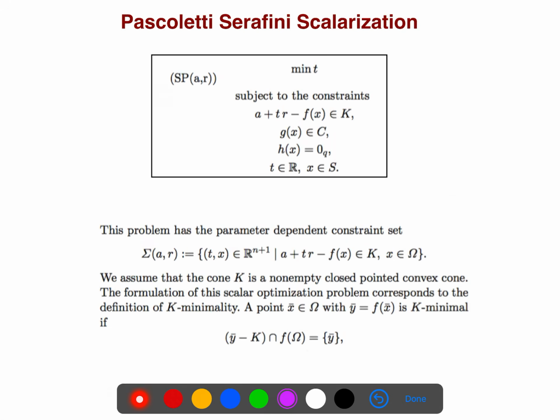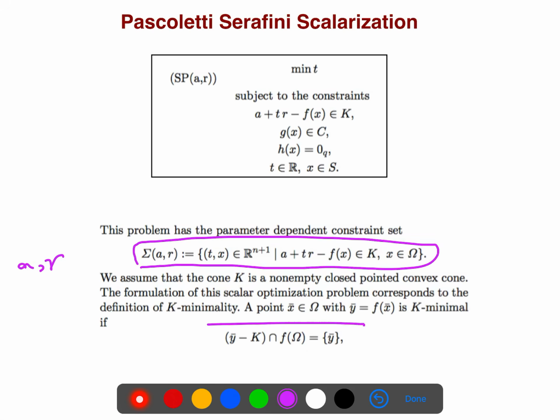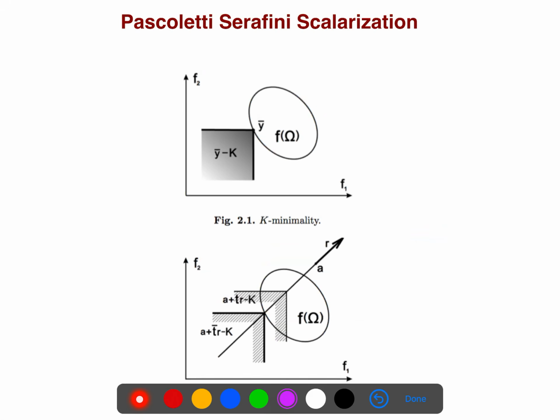And so you see that you can define this problem like this. For any A and R, you have a completely different optimization problem. And as I said, the point is K-minimal if this condition is satisfied.